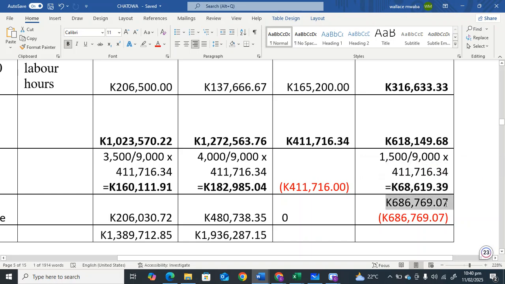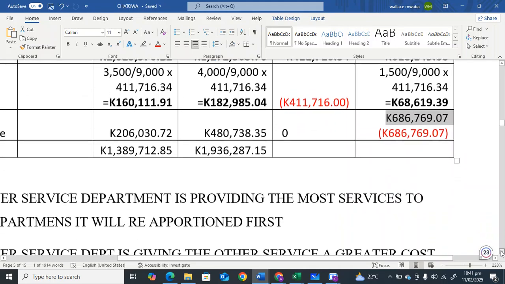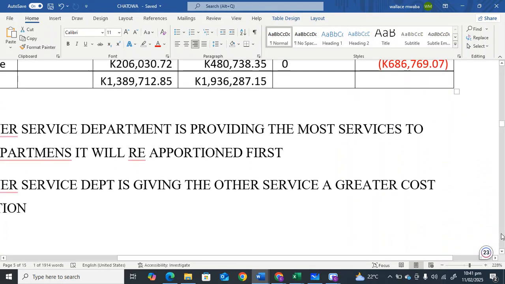You get 686,769.7. So this is the amount that needs to be reapportioned from maintenance back to mixing and assembly. We've got rid of stores, so do not even try to apportion to stores. And the basis for reapportioning maintenance is maintenance hours.